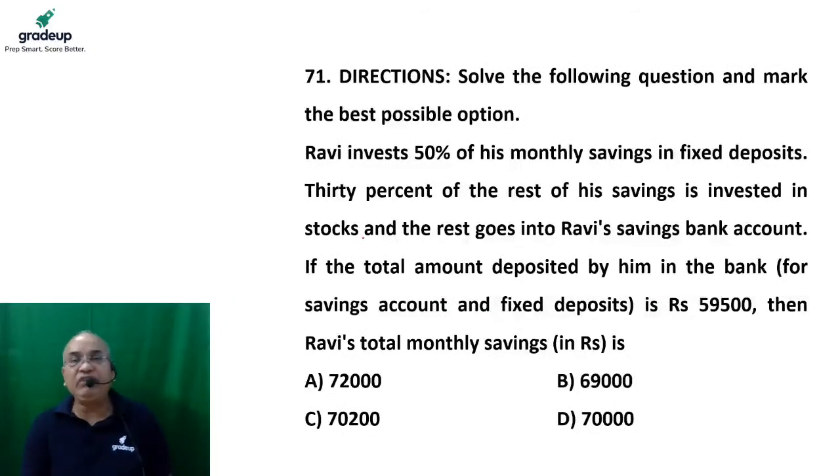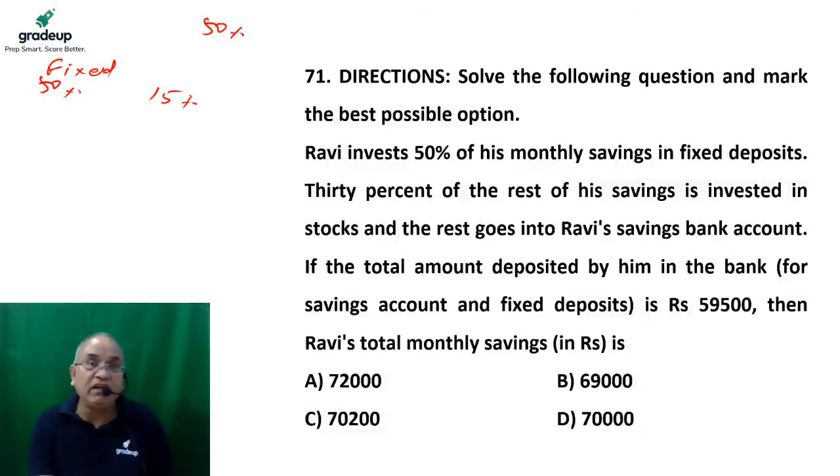Ravi invested 50% of his monthly saving in fixed deposit. This 50% in fixed deposit. And 30% of the rest: 50% he has deposited, so the remaining value is 50, and 30% of it is 15%, in stock.